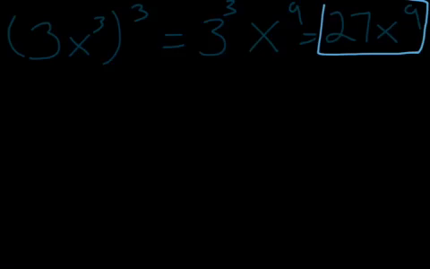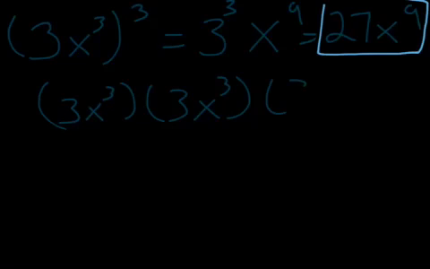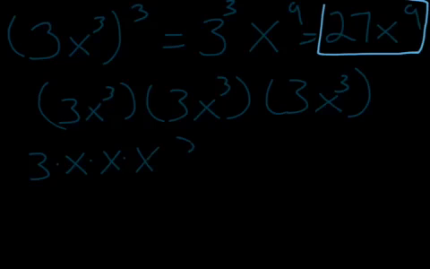Remember, we write our base the number of our exponents. We then can write each of these as 3 times x times x times x, 3 times x times x times x, 3 times x times x times x.